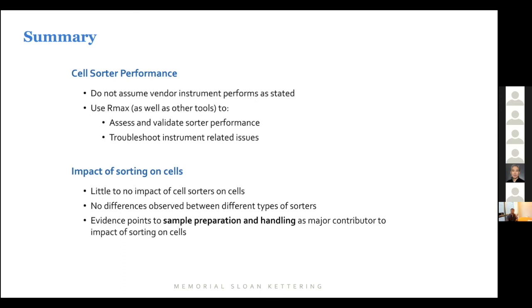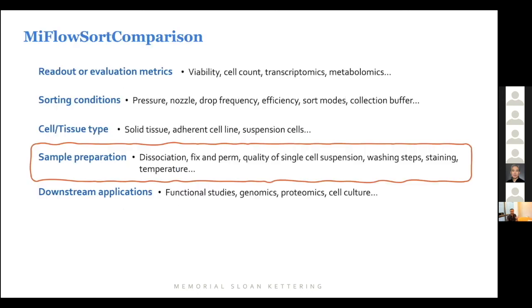And so I just want to finish up with something that we've been thinking a lot about, and I've been discussing with Kathy. We need to come up with a systematic way of addressing the impacts of sorting on cells, right? We started thinking of something similar to MyFlow, and again this is just ideas that we're rolling out.